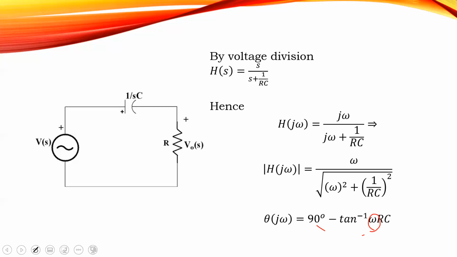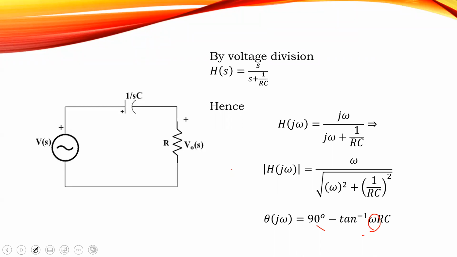So if we are to sketch this, as with our low pass, based on what we have here, in terms of the magnitude, at omega equal to 0, then our amplitude would be 0. So it means that at the lower frequencies, our output would be low.